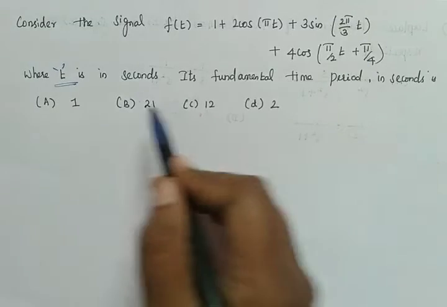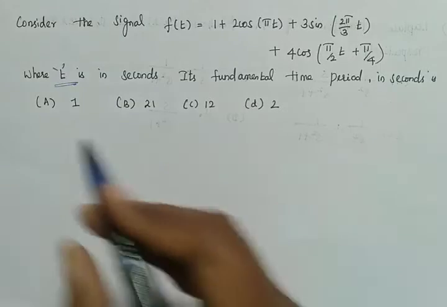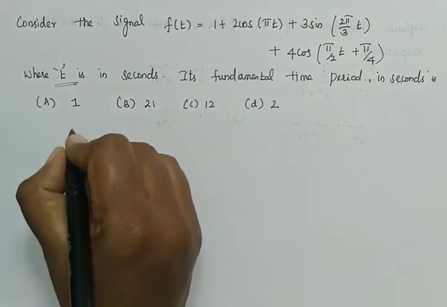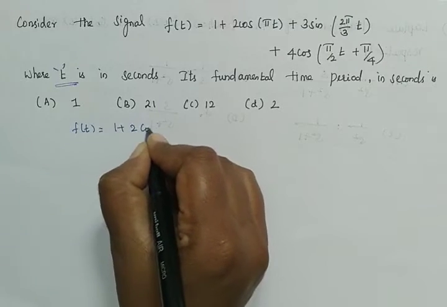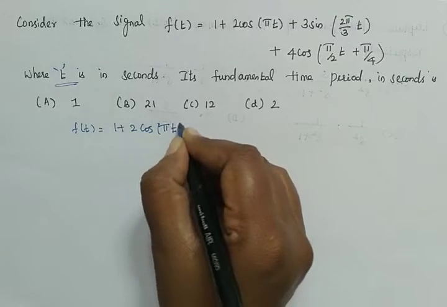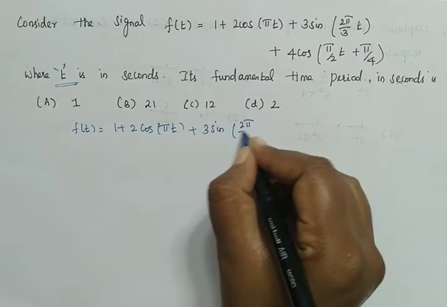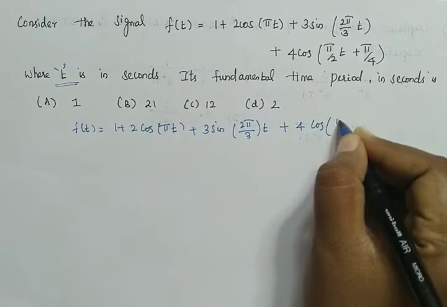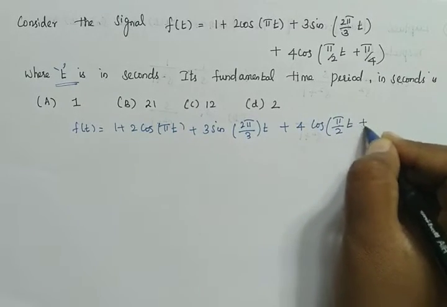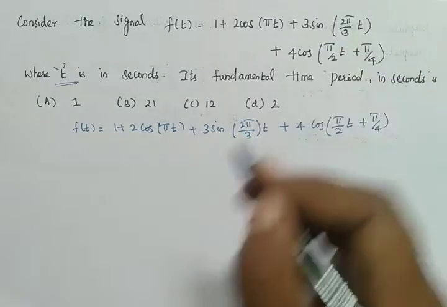Now we have to find the fundamental time period. Now what is given here? f of t is equal to 1 plus 2 cos pi t plus 3 sin 2 pi by 3 into t plus 4 cos of pi by 2 t plus pi by 4. So this is what is given in the question.